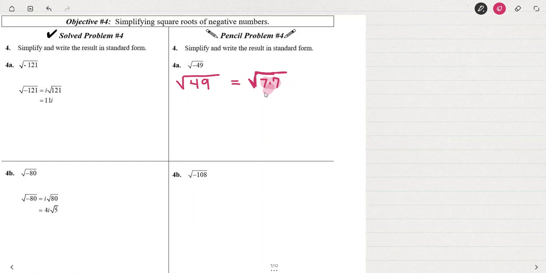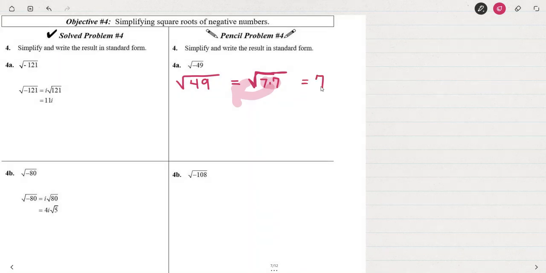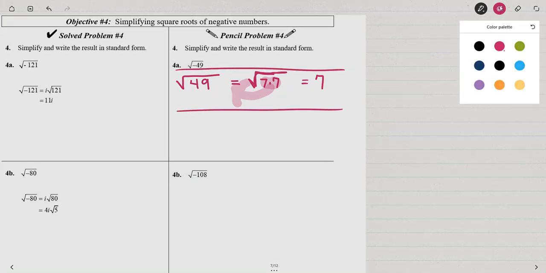So this pair comes out of the radical as a positive 7. You may already know that, so you could skip through or go a little faster with the video, but in case you need a review on simplifying radicals, that's what it would look like. So that's a simpler example.